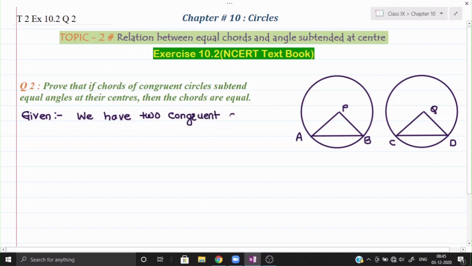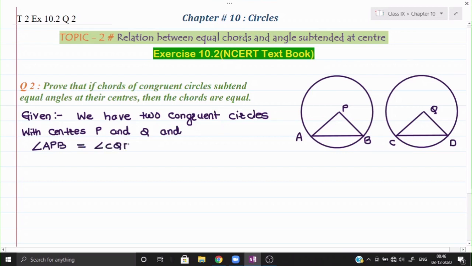We have two congruent circles with centers P and Q, and angle APB is equal to angle CQD.